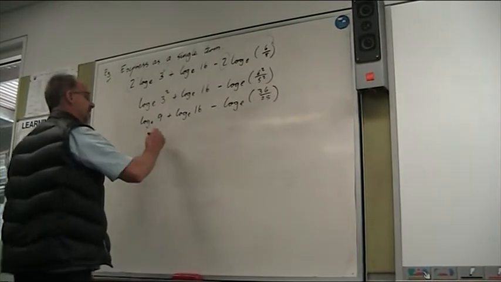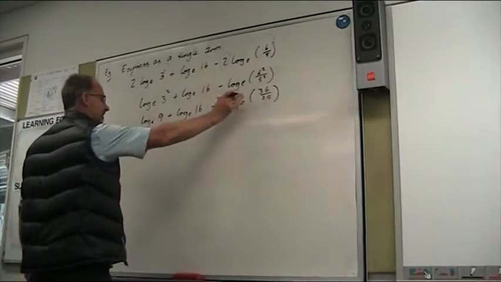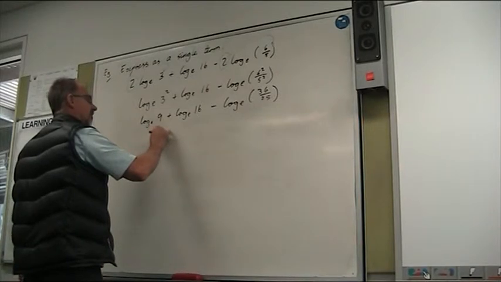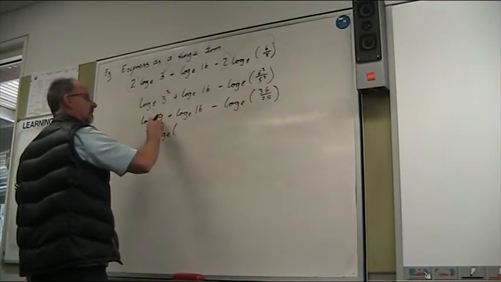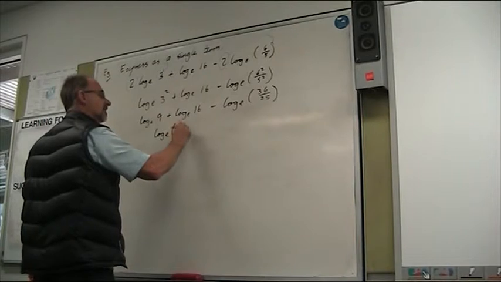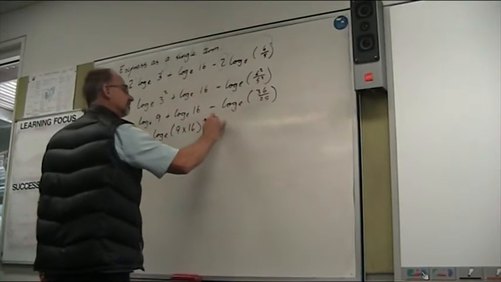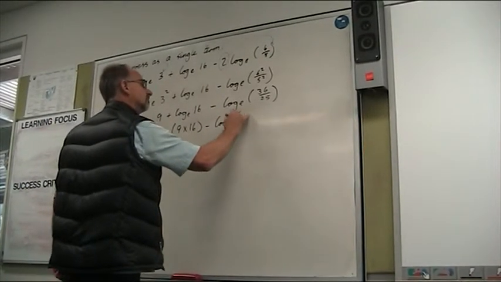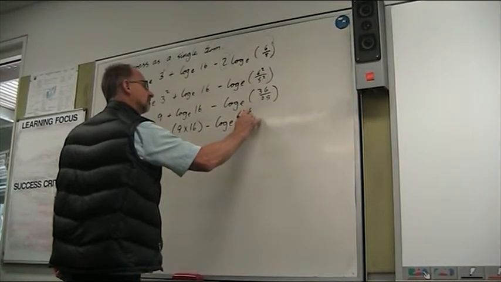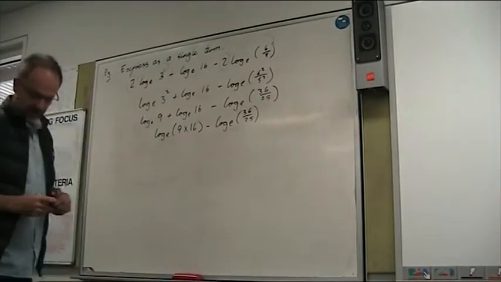When you have things added together, what you can do is multiply those numbers, so 9 times 16. That's 144.